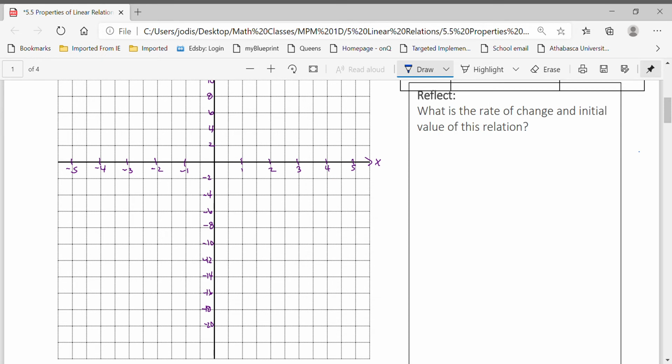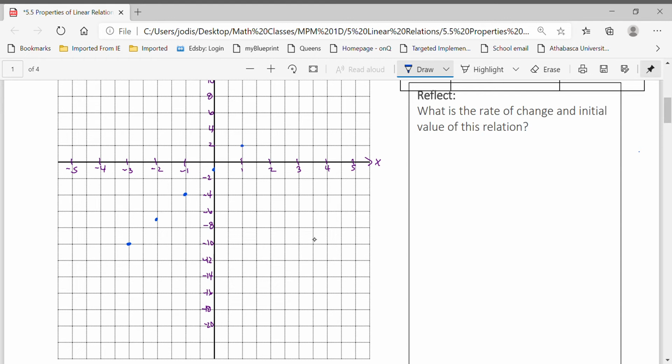Okay, so next we can plot our points. So when x is negative 3, y is negative 10. So right here. When x is negative 2, y is negative 7. Next we have negative 1, negative 4. Then 0 for the x, and y is negative 1.